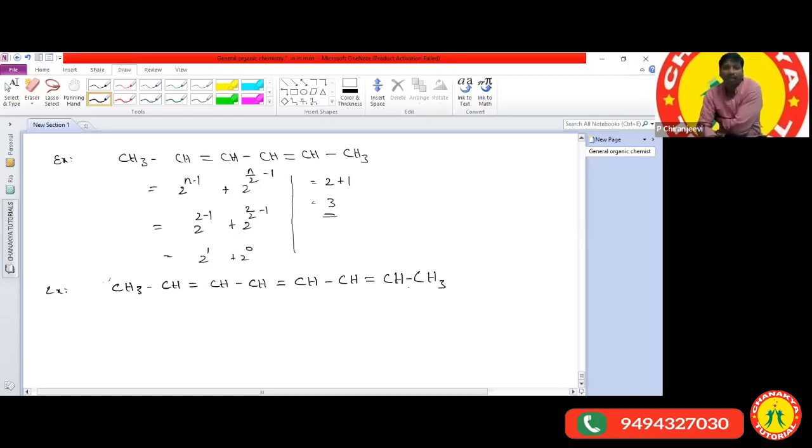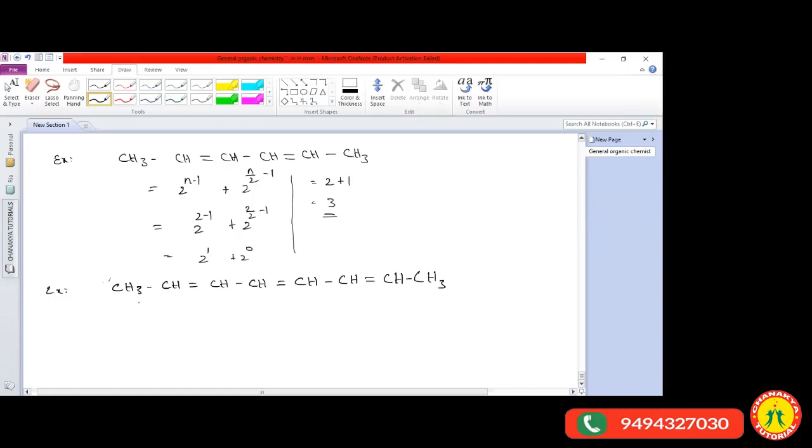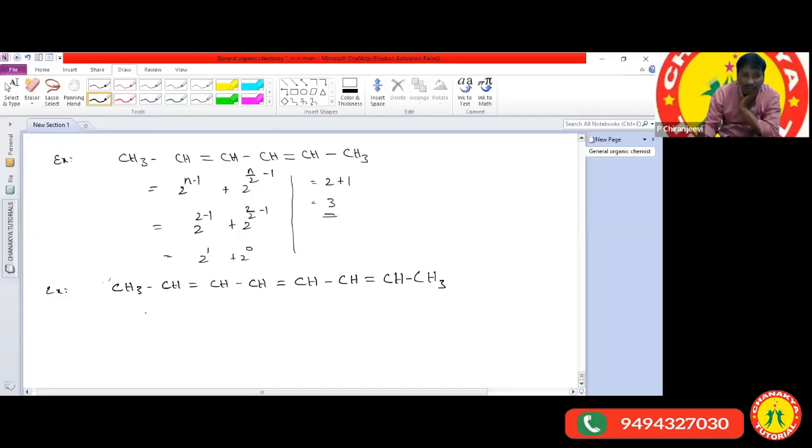So this is the compound they had given. And then, the total number of geometrical isomers in the given compound. It is an odd number of double bonds.